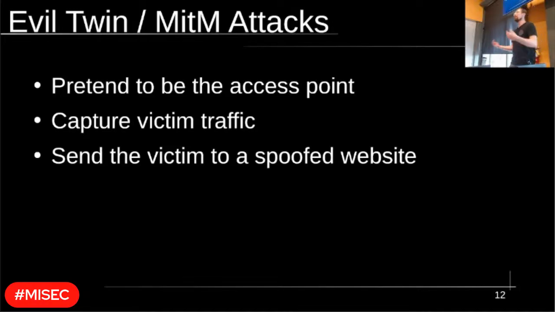Evil twin or man-in-the-middle attacks. This is what most people are going to think of, and was the second part of the airplane thing that is very relevant right now. So this would be when, after you de-auth someone, you set up your own access point that is designed to either be a specific one or just to always reply, yes, I'm the access point you're looking for.